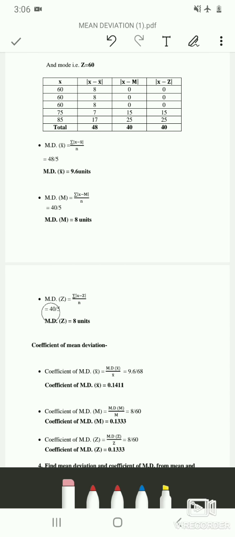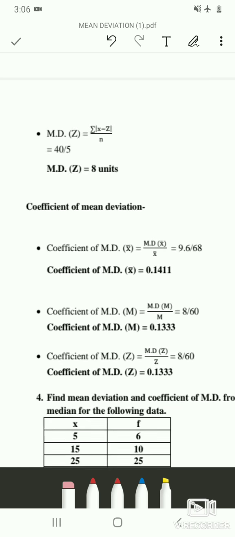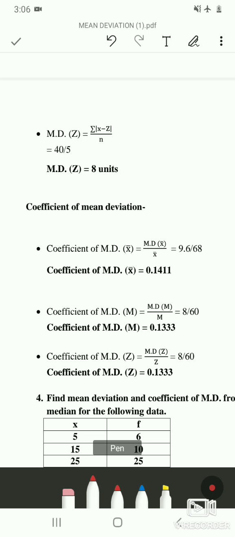Now they have asked us to find the coefficient of mean deviation. The formula: coefficient of mean deviation from x bar is mean deviation from x bar upon x bar. We have obtained the mean deviation, that is 9.6, and x bar is 68.